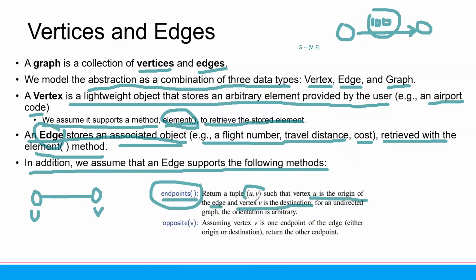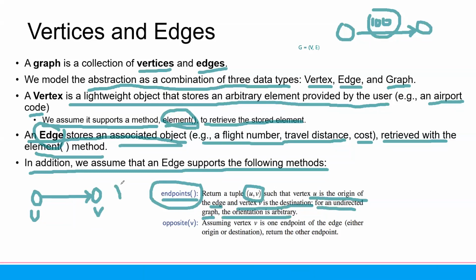So we have U comma V. If it is a directed graph, we can see something like this. For an undirected graph, the orientation is arbitrary, so I don't care about the direction.